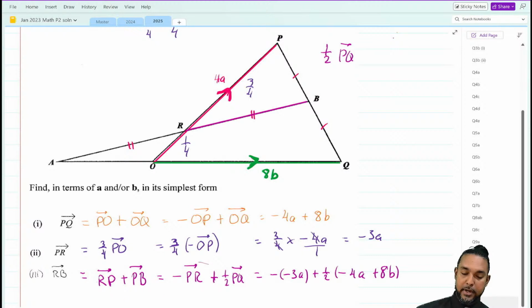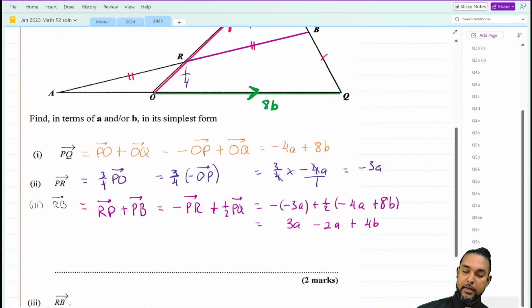So minus PR, if PR is minus 3A, minus PR gives us positive 3A. And then PB is a half of PQ. A half of minus 4 is minus 2, a half of 8 is 4. And 3A minus 2A is just 1A, and then that's just 4B.